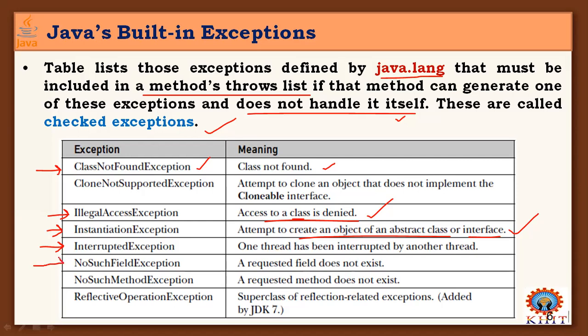NoSuchFieldException: the requested field does not exist in the class. Or NoSuchMethodException: we are trying to invoke a method by name, but that requested method does not exist in the class. ReflectiveOperationException is a superclass of reflection-related exceptions added by JDK 7, and CloneNotSupportedException, everything.